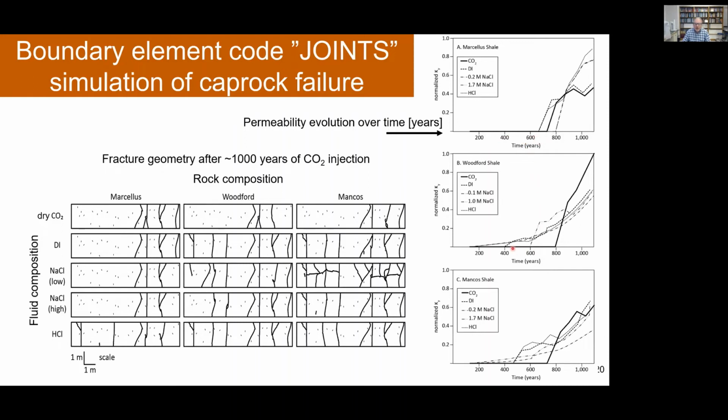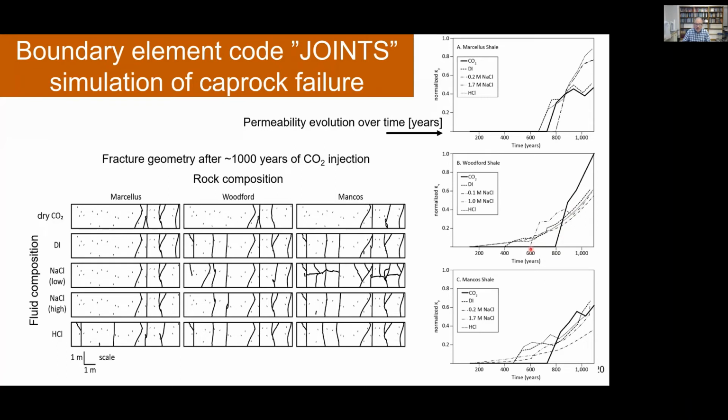But ultimately, we get connectivity across those layers, and then the fluid will leak across. If it's the dry CO2, as shown here in the heavy line, it's the last one to form fractures. But once the fractures go, they create a lot of permeability across, right? The more reactive systems start earlier to grow fractures, but then they get overtaken by the critical fractures.